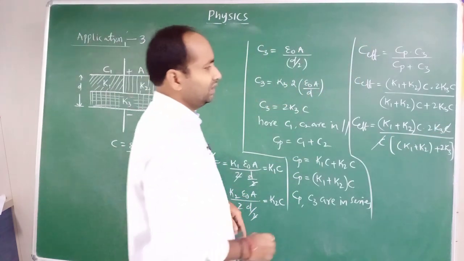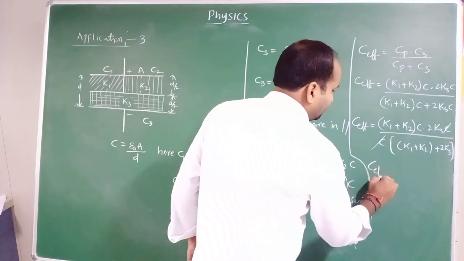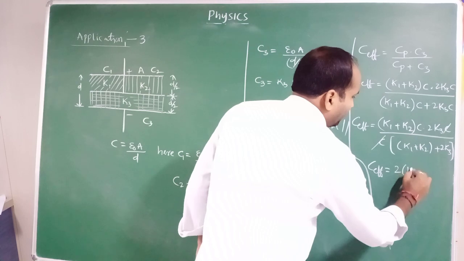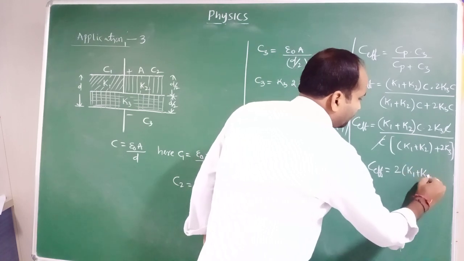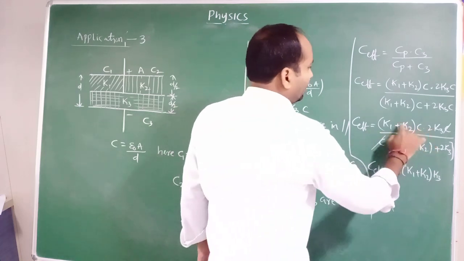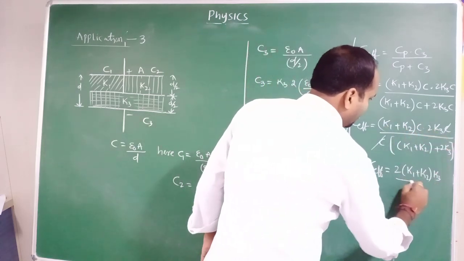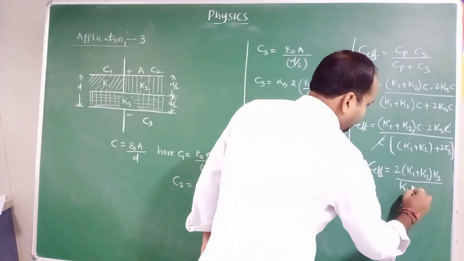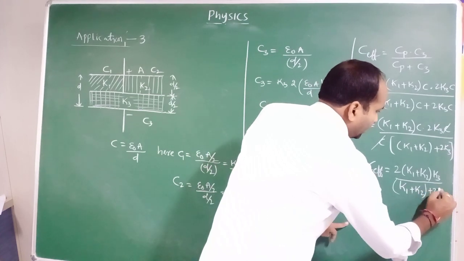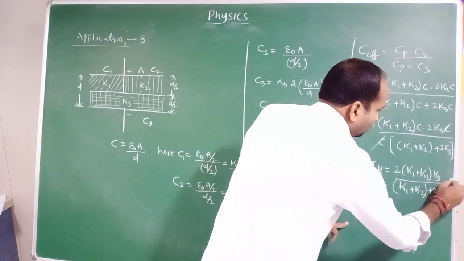What is remaining here? C effective is equal to 2 K1 plus K2 into K3 by K1 plus K2 plus 2K3 into C.